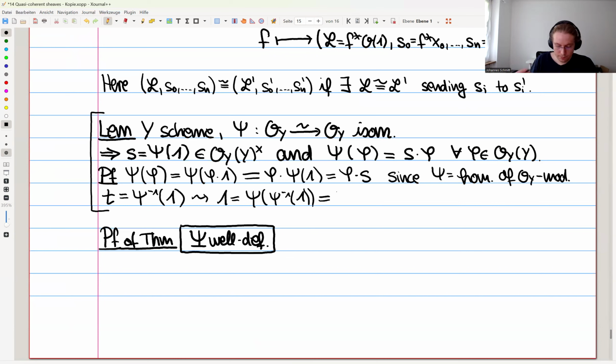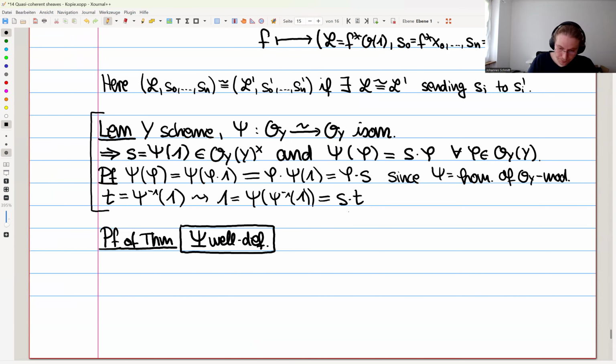And then we apply the same reasoning that we had here to psi inverse, and then we see psi inverse of 1, this is T, and then psi applied to this is just S times T.